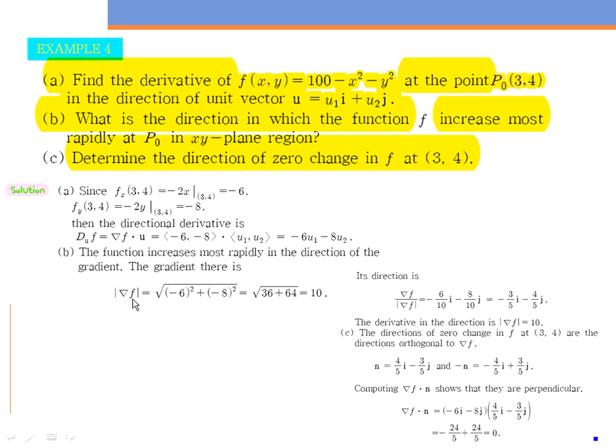direction first. First, we have the length of the gradient of f, which can be obtained as the square root of (minus 6) squared plus (minus 8) squared, which is the square root of 100, and then divide the gradient by the length of that gradient, which gives us the unit vector like this.